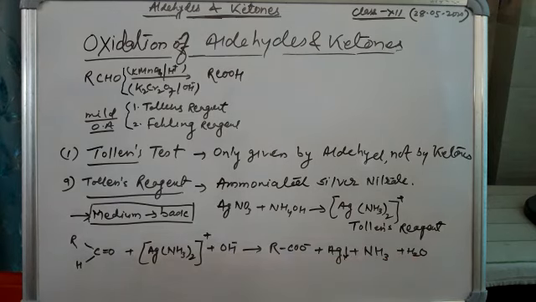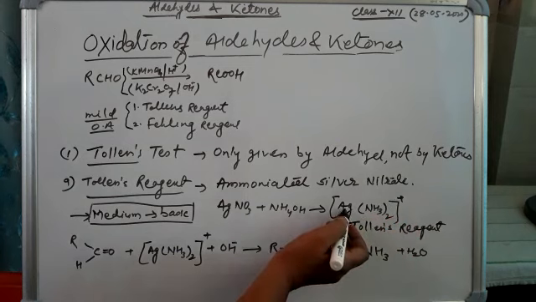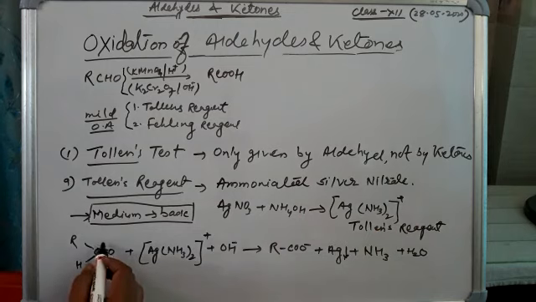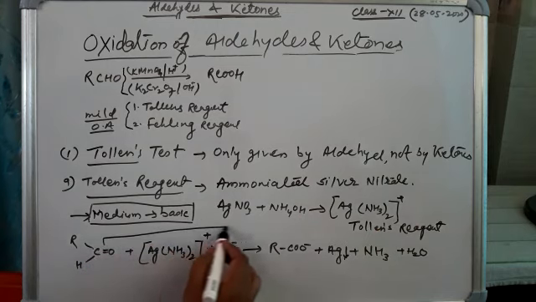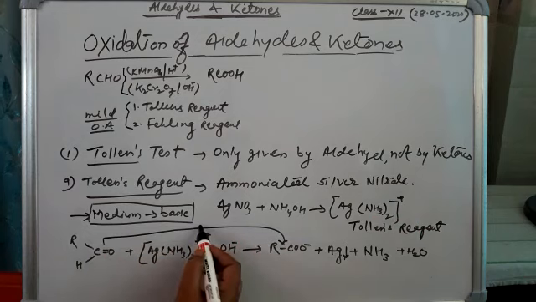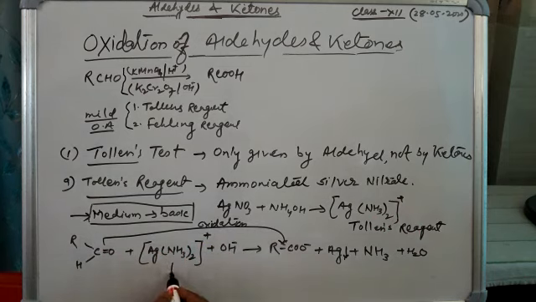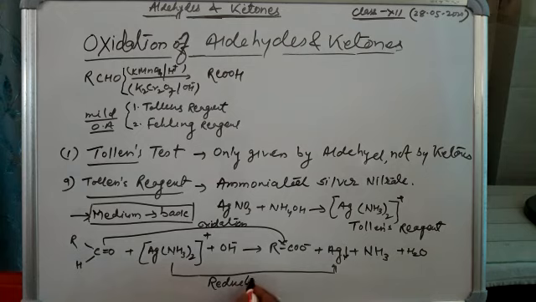The oxidation state of silver here is +1 and here is 0. So see here, oxidation of the carbonyl group takes place. When one species gets oxidized, it means the other species gets reduced. So reduction of Tollens reagent takes place. Here silver goes from +1 to 0 oxidation state.